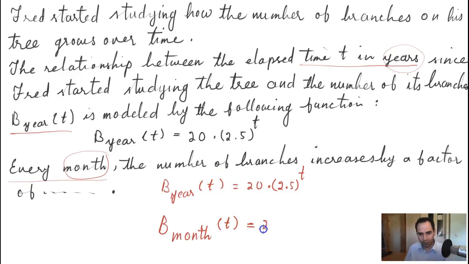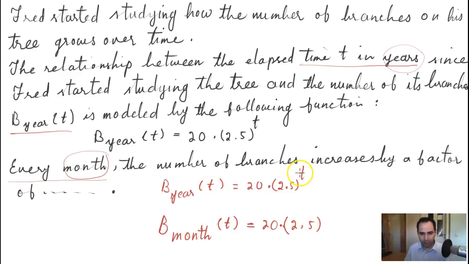And this is equal to 20 times 2.5 raised to the power. And then here you need to decide. So here basically your input was years, and here you had t based on input based on years.